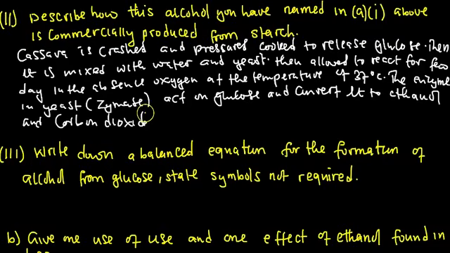So the whole process produces carbon dioxide and ethanol as products. So that is how it is done.